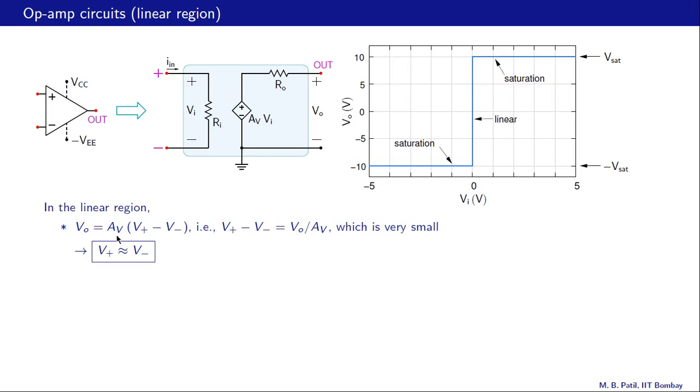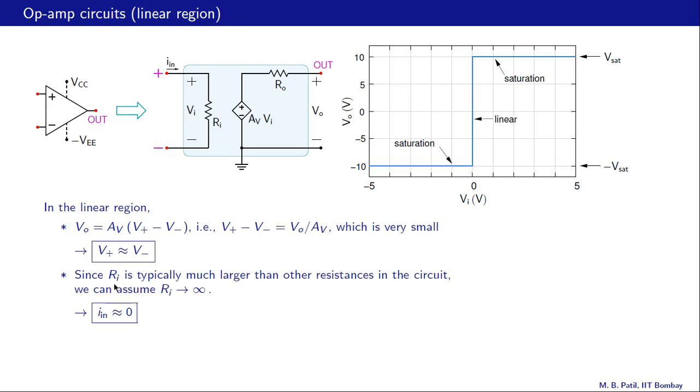And since AV is very large and VO is limited to this range, this V plus minus V minus, which is VO divided by AV, is very small. And of course we have seen that earlier already. And in fact in this graph it appears like 0. So in other words, V plus and V minus are nearly the same. That's one observation.